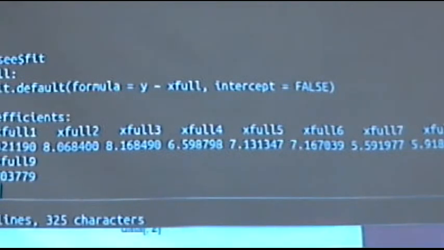And then B2 would be 8. See, they're not parallel. This way you can see that. The other one's 8.1, 7.1, yeah, these ones. And then 5.7.